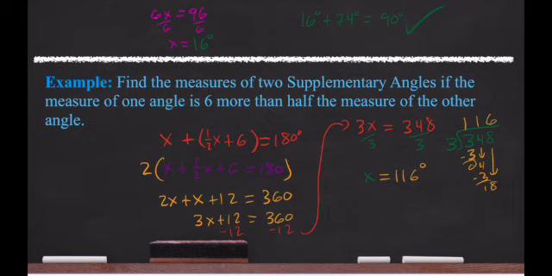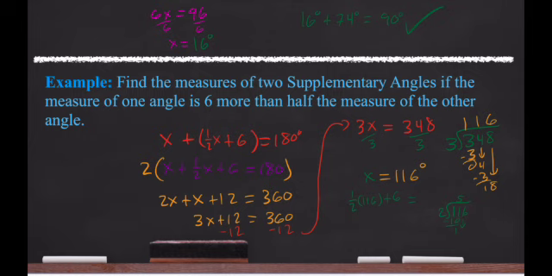Let's find the second angle. The second angle is half of this, and then 6 added on top of that. So half of 116 plus 6. 116 divided by 2: 2 goes into 11, that would be 5 times. That's 10. Subtract, 1 remaining.